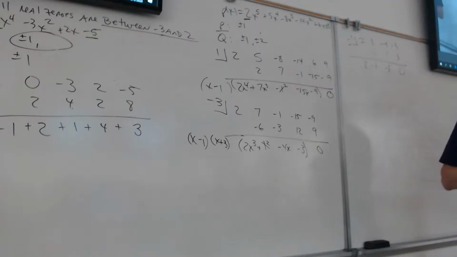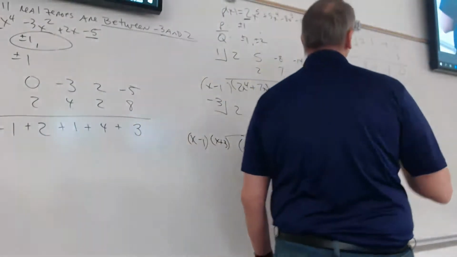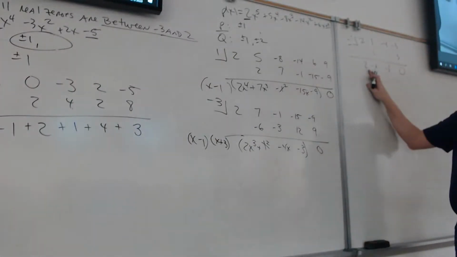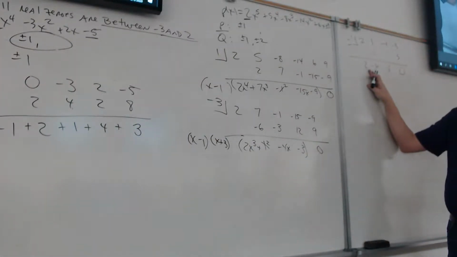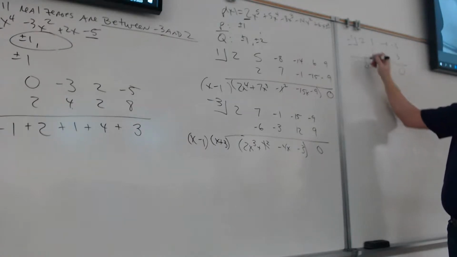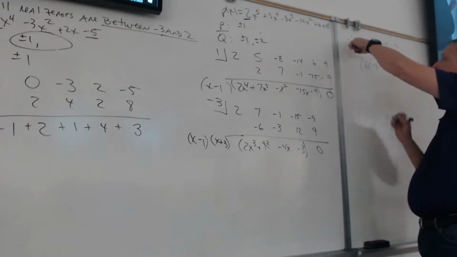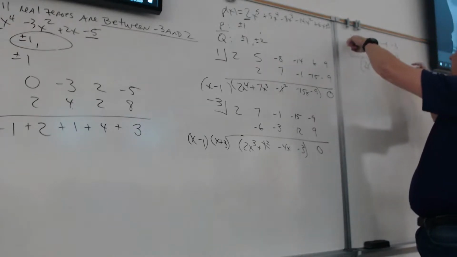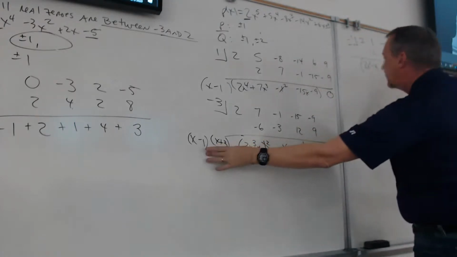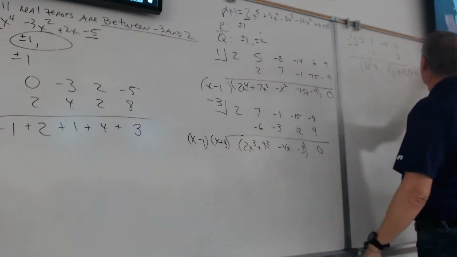I got my 0. Okay? So this becomes, what does this become? 2x squared minus x minus 3. Now, what does this become? x plus 1, right? And then I've got to put these here, x minus 1 and x plus 3.